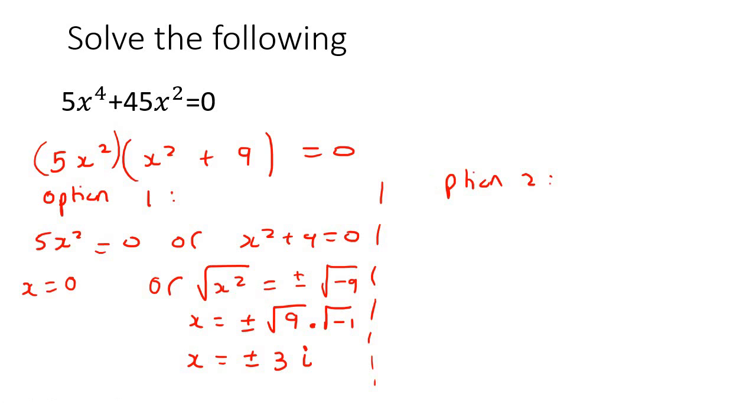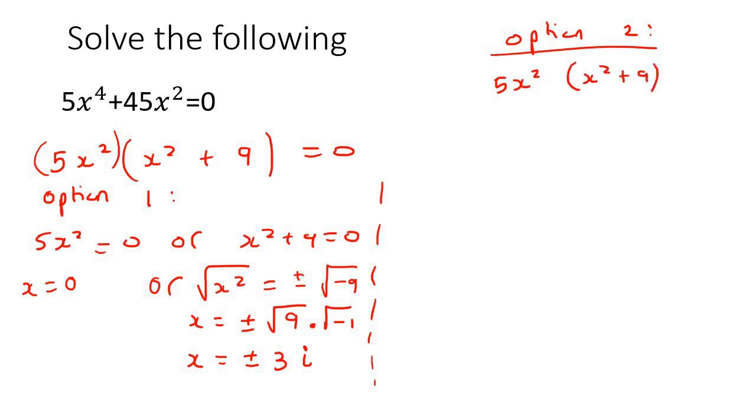In option number 2, I'm going to write this a little bit higher. You're going to have 5x squared multiplied by x squared plus 9 equals 0. And so you can first factorize this a little bit further. So you could say x, 3 and 3, and then i and i, because it's a plus in the middle and not a minus.